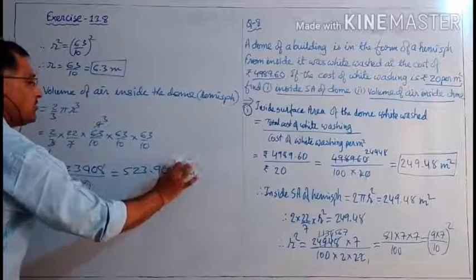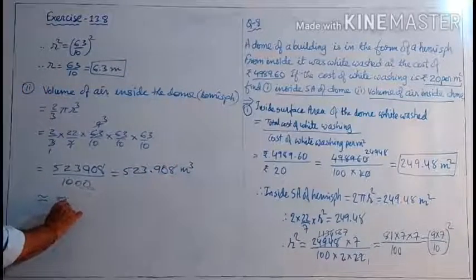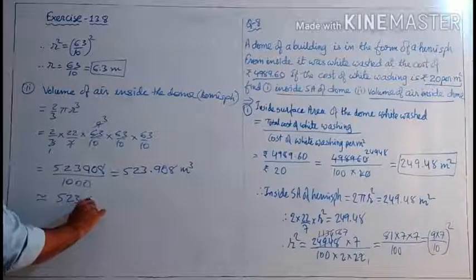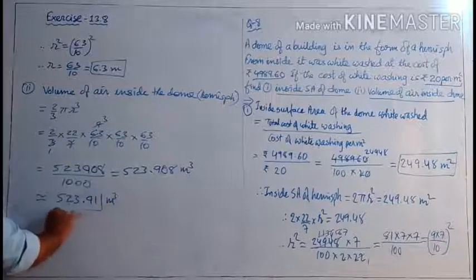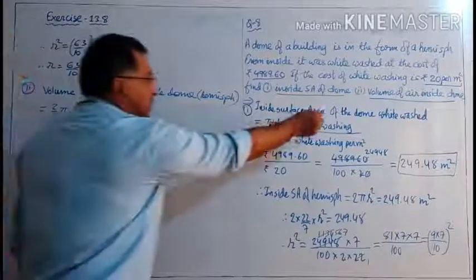As it is volume, it is meter cube, and so that is approximately 523.91 meter cube is the volume of air inside the hemispherical dome.